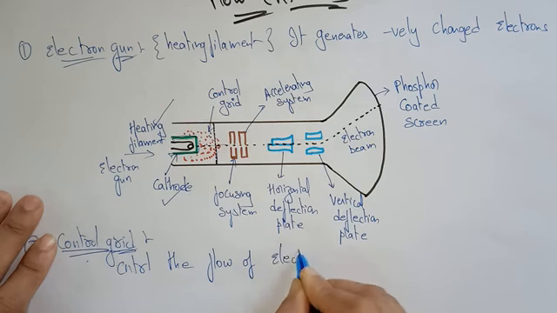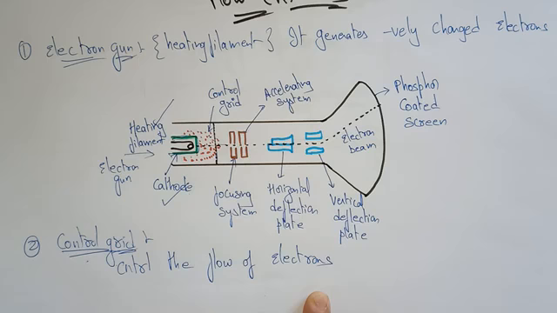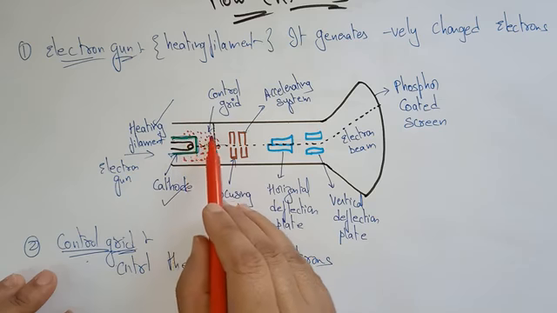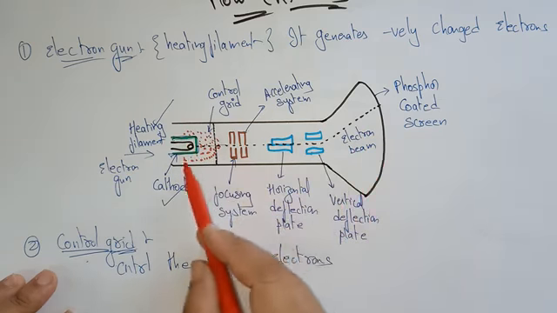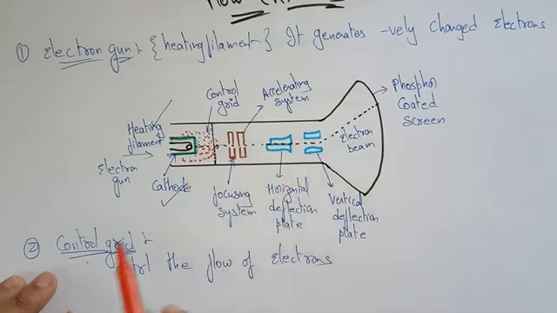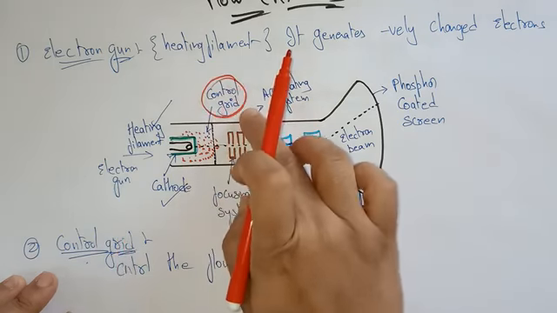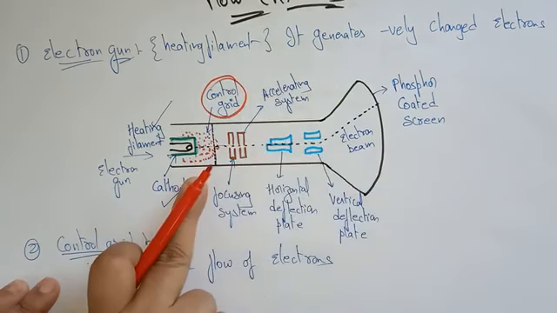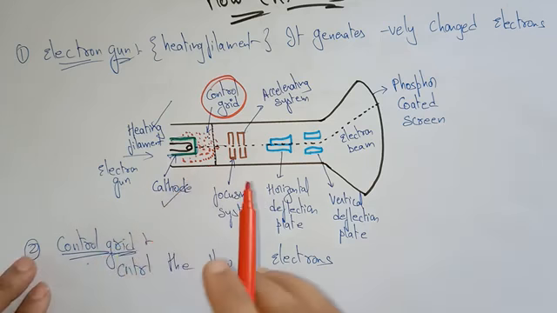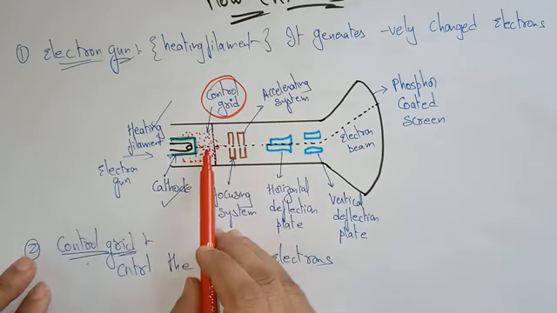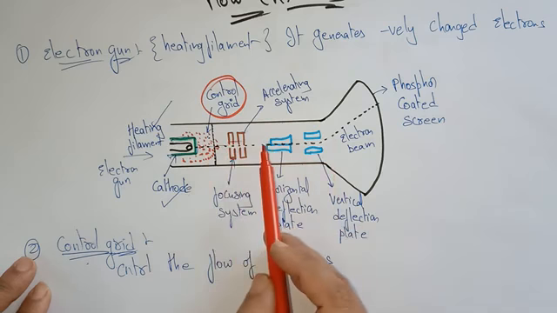What type of electrons? Negatively charged electrons. It controls the flow of electrons so that they do not move freely. If you clearly observe, they are not moving freely around the vacuum tube. Why? Because of this control grid. The control grid is controlling the flow, so that the electrons do not move freely inside the vacuum tube.